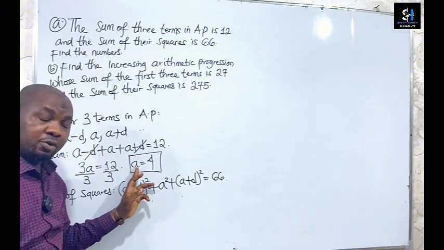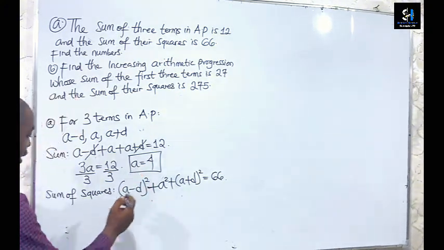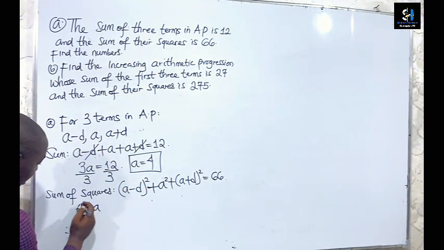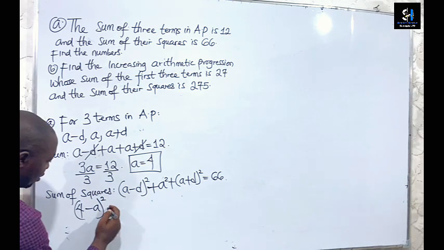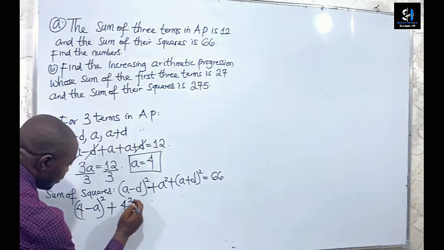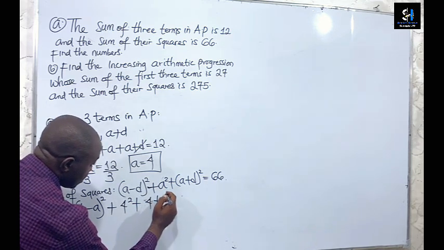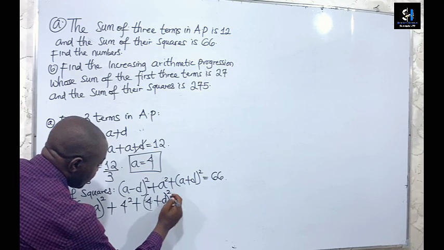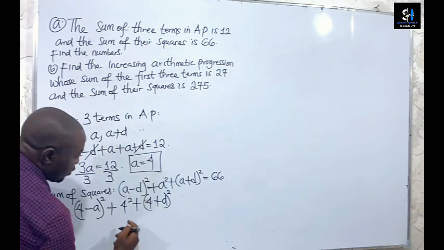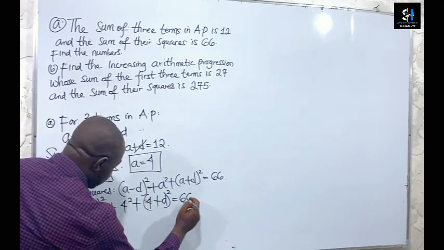Already we know that the value of A is 4. So I can just say this will be (4 minus D) raised to the power of 2 plus 4 squared plus (4 plus D) raised to the power of 2 equals 66.